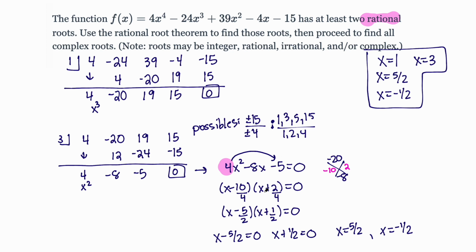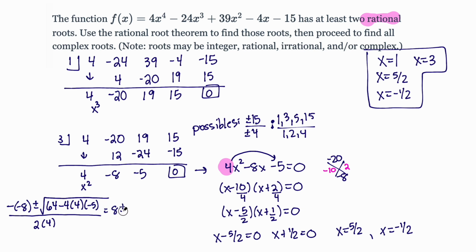If you did not want to use the illegal move and want to use synthetic division, quadratic formula, over here I would get negative b plus or minus the square root of b squared minus 4ac all over 2a.